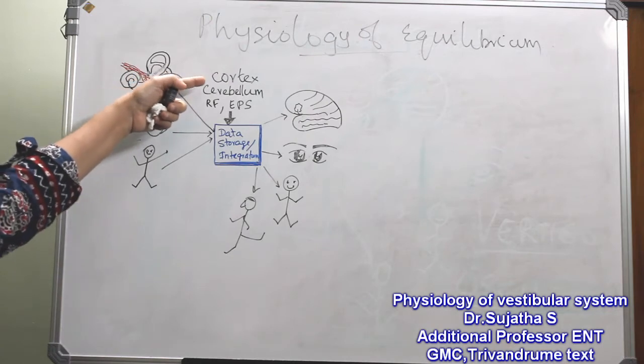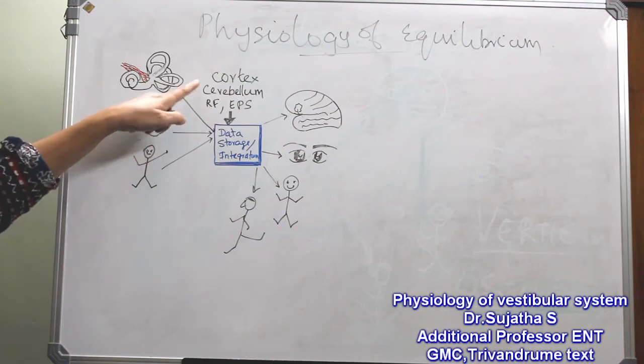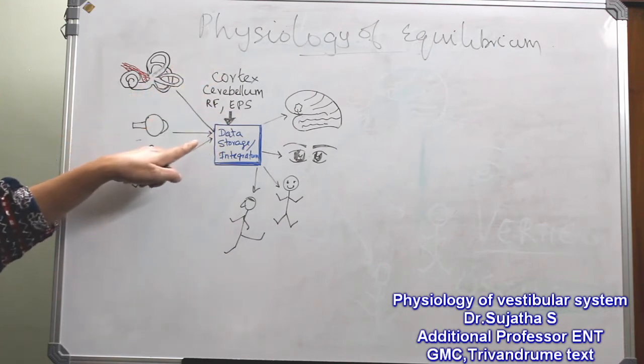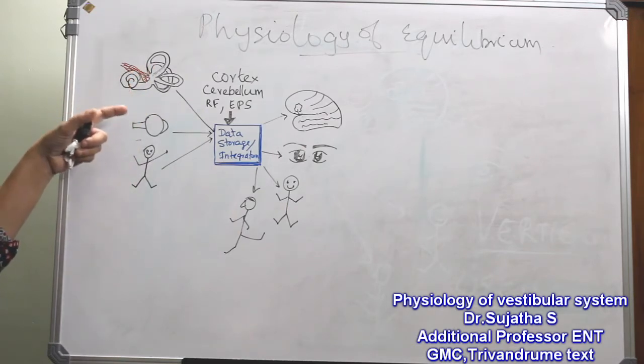In the brain there are the cortex, cerebellum, reticular formation and the extrapyramidal system, and this uses the data from the vestibule, the proprioceptive area and from the visual field.